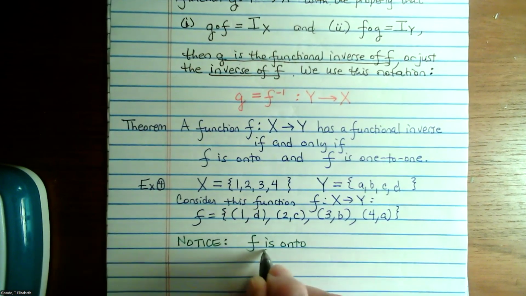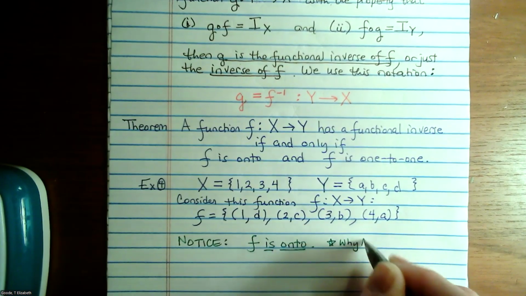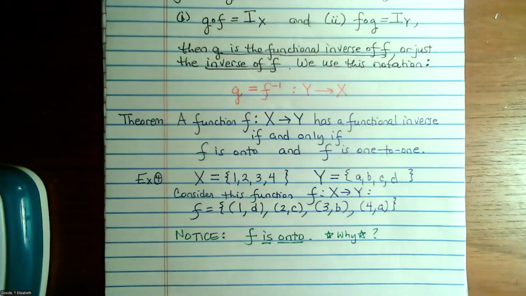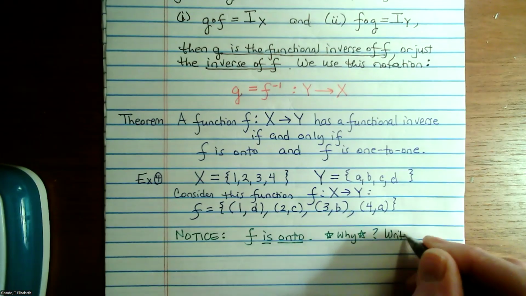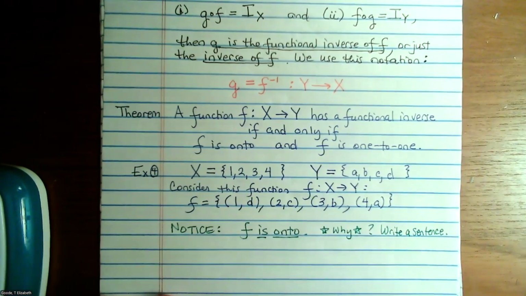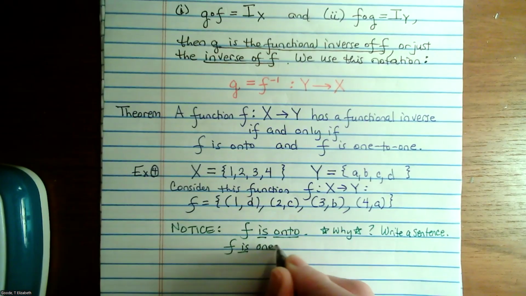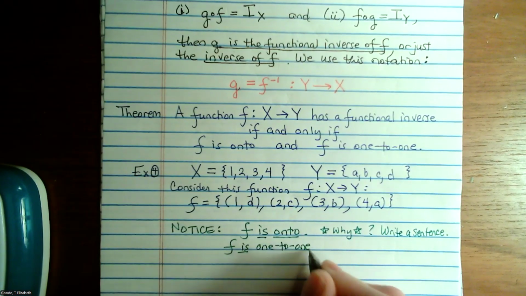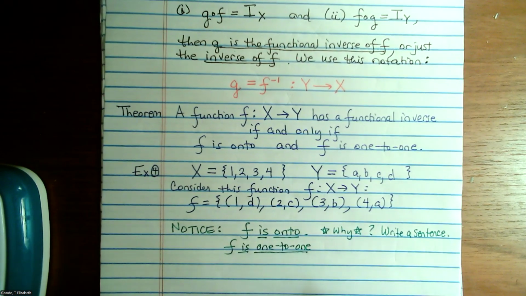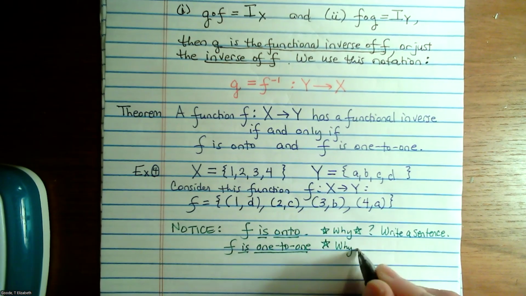Why? Can you write a sentence to explain why it's onto? Should practice doing that. Because on the test, you're going to have to write a few short sentences. f is 1-to-1. In other words, are you familiar enough with these definitions that you can explain why a given ordered pair set is a 1-to-1 or onto function?